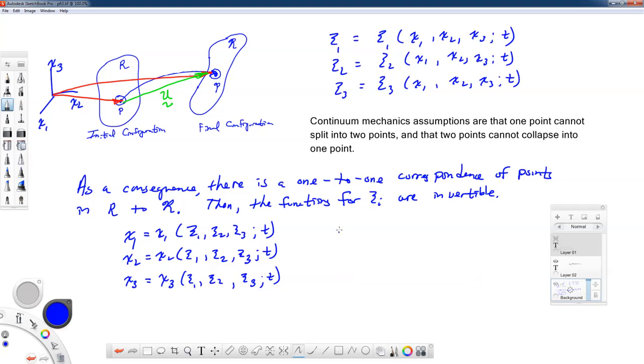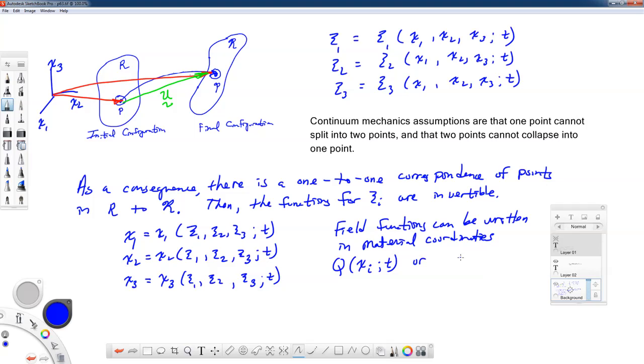So if we have a field function Q, we can write it in terms of either the material coordinates, that would be a function of the original configuration, possibly time, or what we call the spatial coordinates, where Q would be a function of the final configuration.